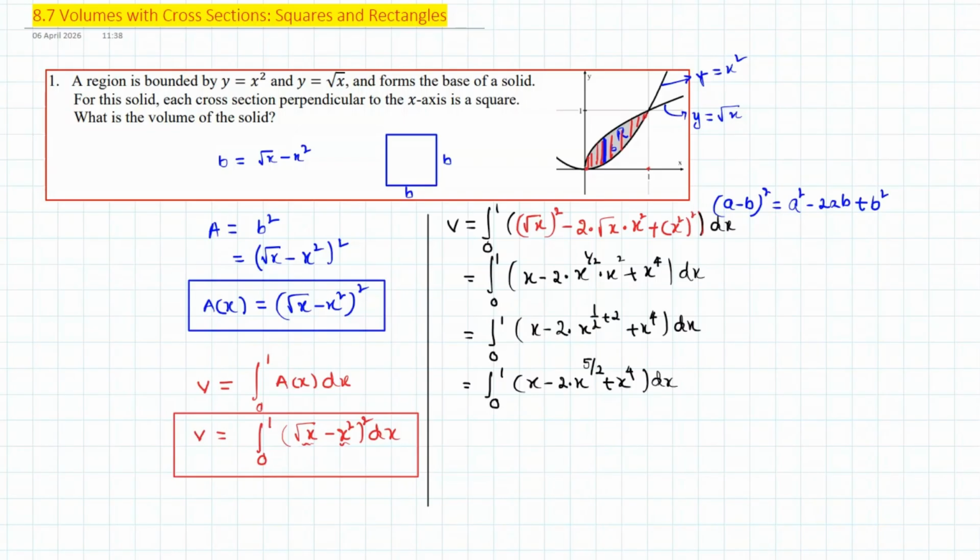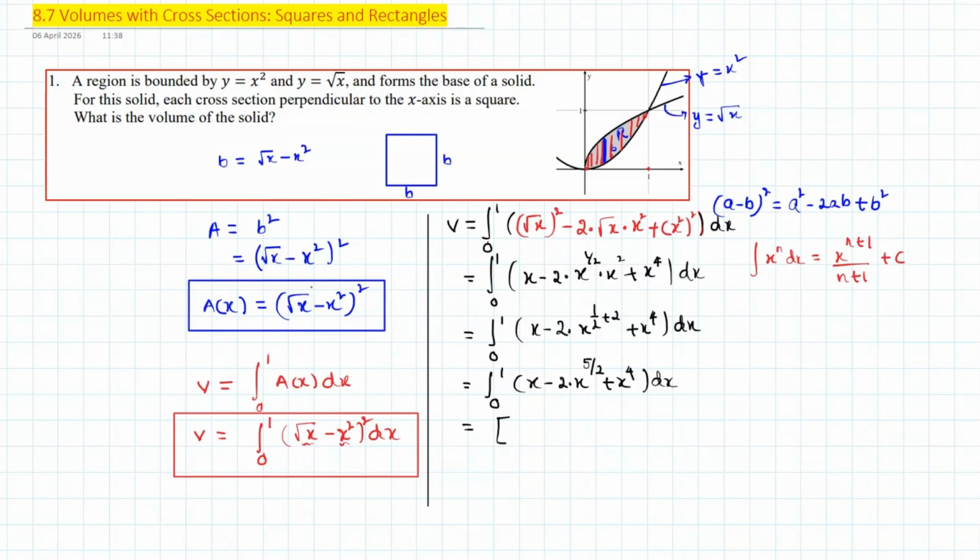Now we have the formula: the integral of x to the power n dx equals x to the power n plus 1 over n plus 1, plus C. So let's apply the formula.